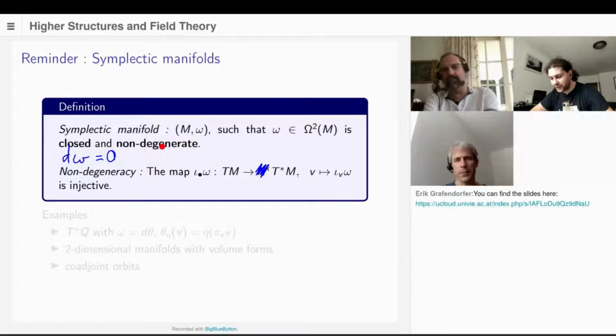The non-degeneracy condition is a linear one. It is defined over every point, and the closedness condition is an integrability, a differential condition along the manifold.